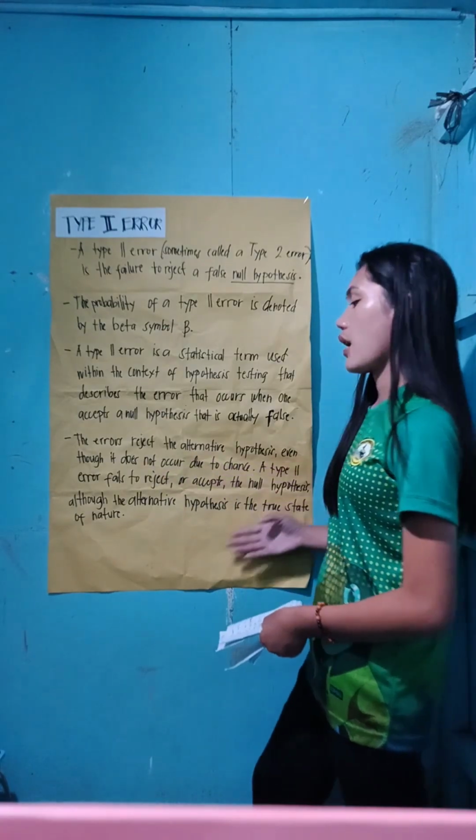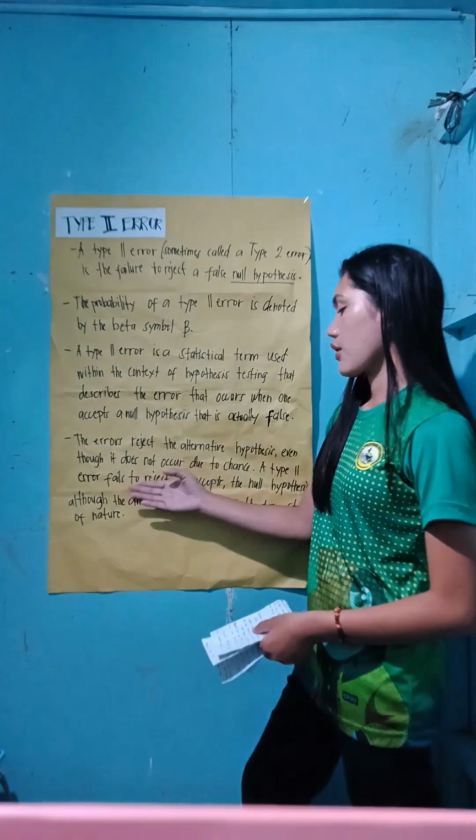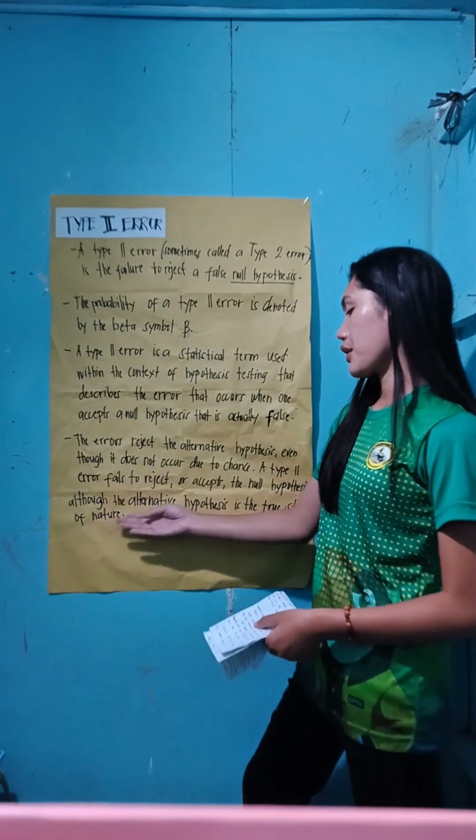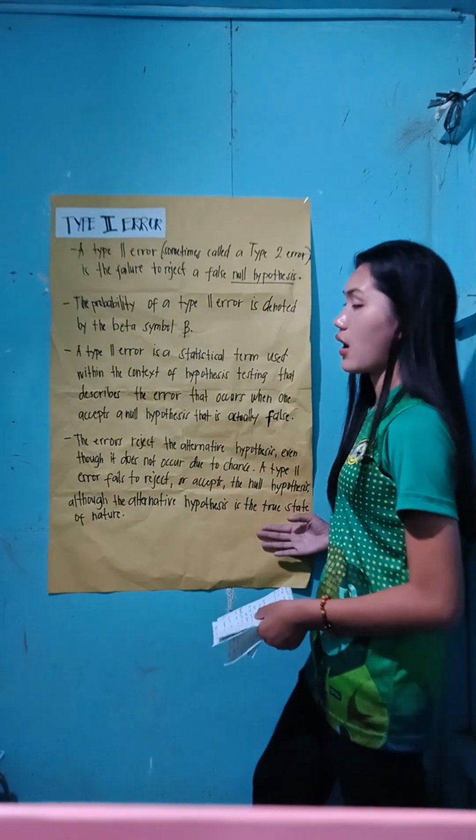So a type 2 error fails to reject, or accepts, the null hypothesis, although the alternative hypothesis is the true state of nature. Meaning, a type 2 error occurs when you fail to reject the null hypothesis, or H0, when it is actually false.